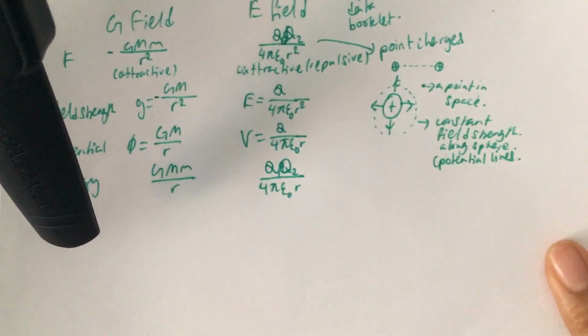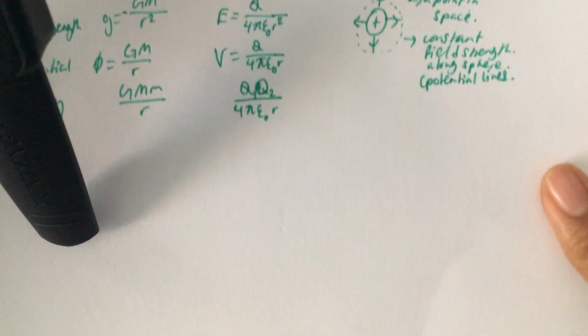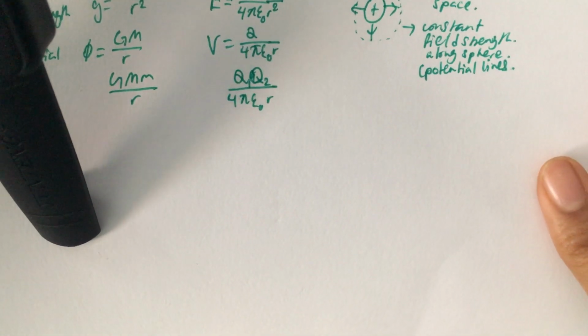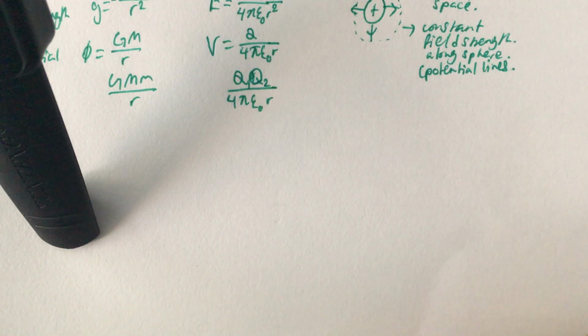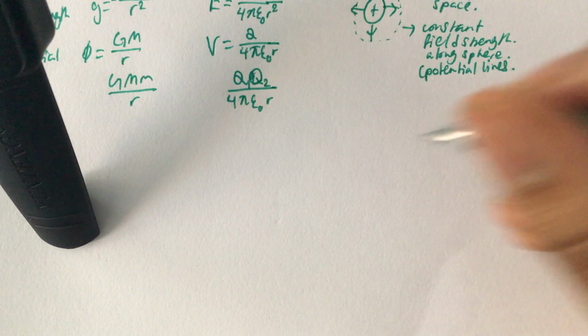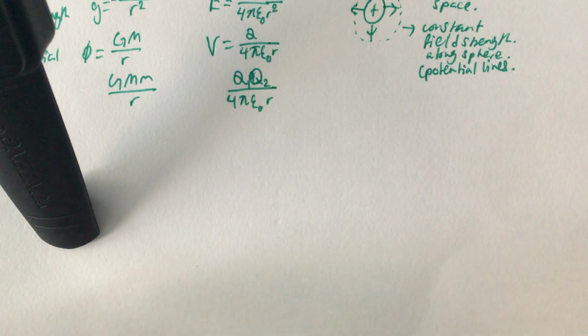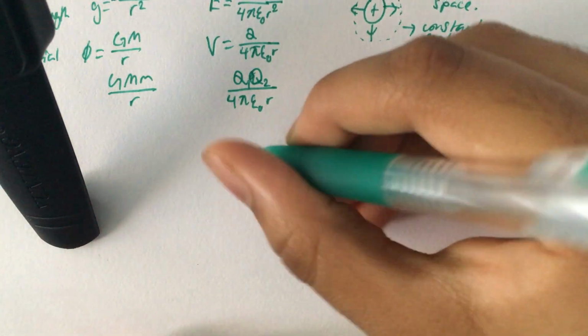So how do you get a uniform field? You don't want your potential lines to look like circles.